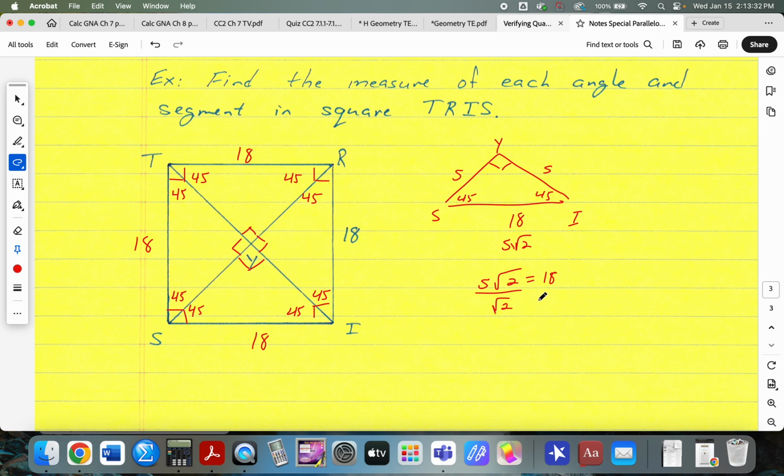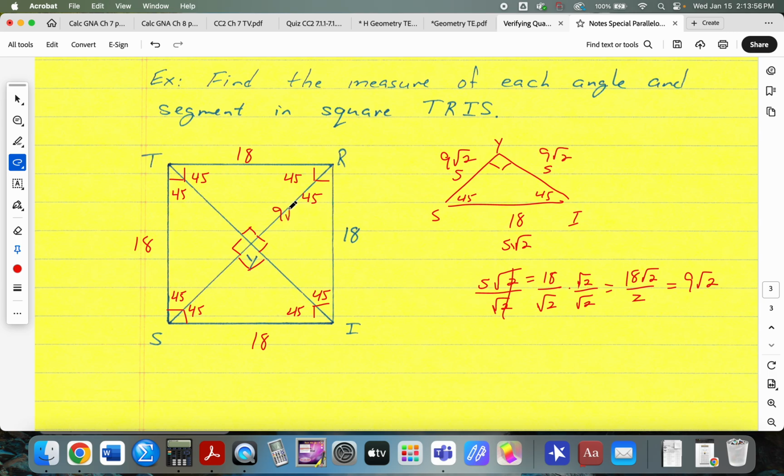So we'll divide both sides by the square root of 2. We don't want to leave the square root in the denominator, so we'll rationalize by multiplying by the square root of 2 over the square root of 2. That's 18 square roots of 2 over 2, which is 9 square roots of 2. So these are 9 square roots of 2.